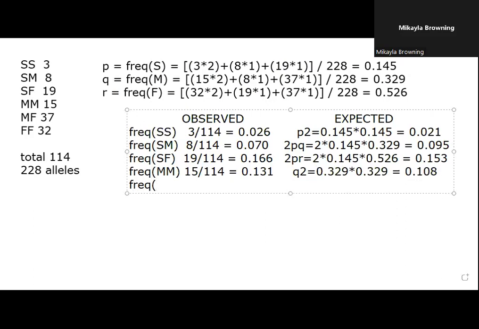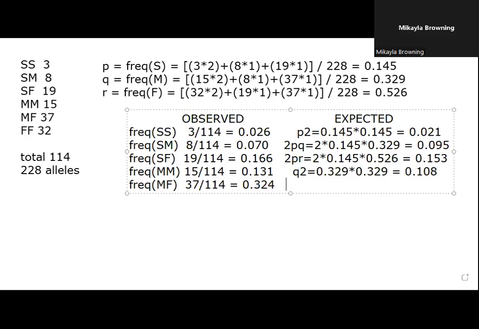Frequency of the MFs is 37 divided by 114, which is 0.324. That's the observed.